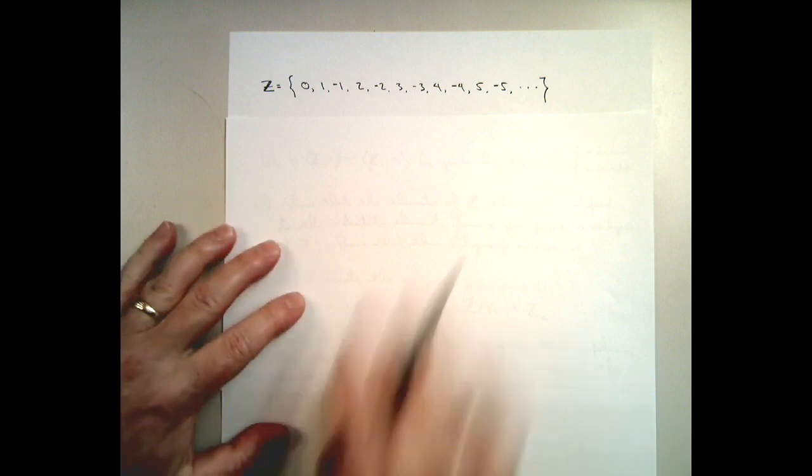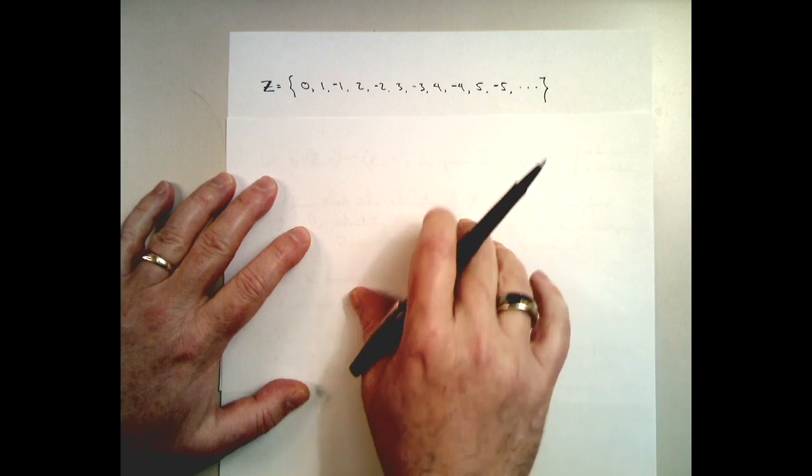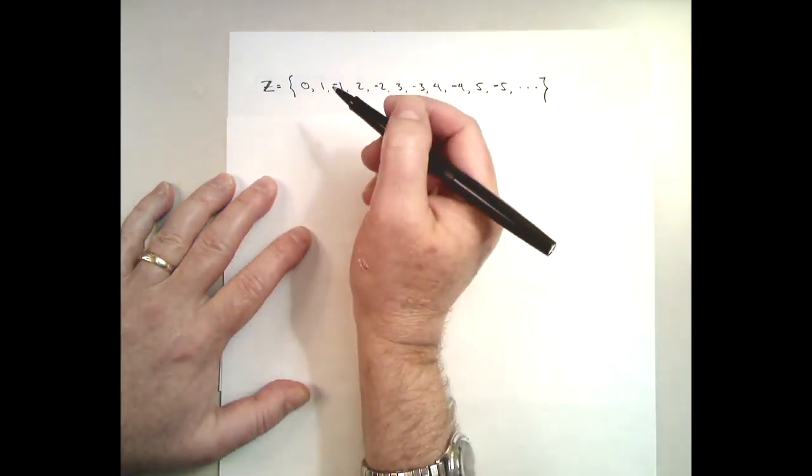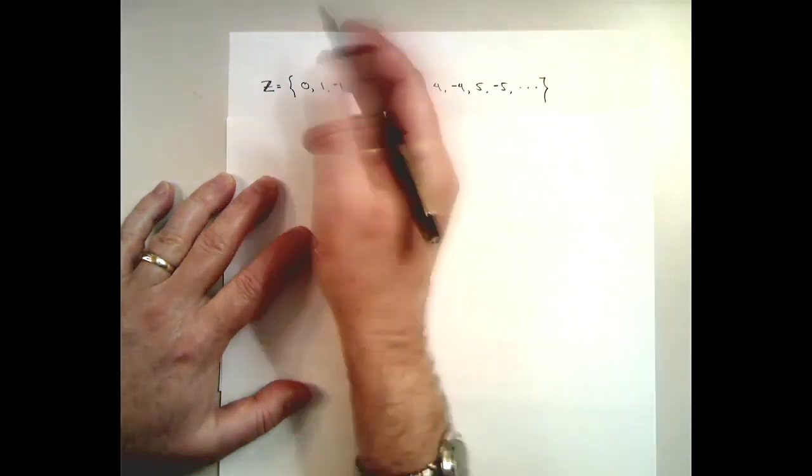Let's take the set of integers for a moment, all the integers, and I'm going to define a function from the set of integers to the set of elements in Z2. And I'm going to do it this way.